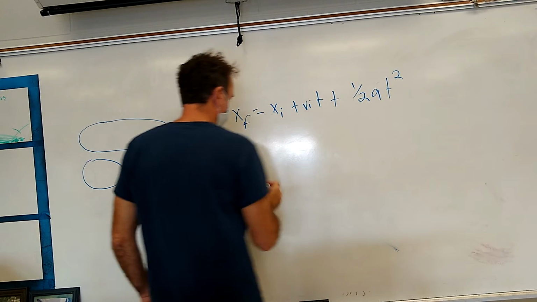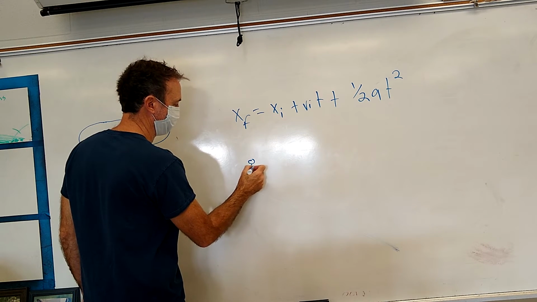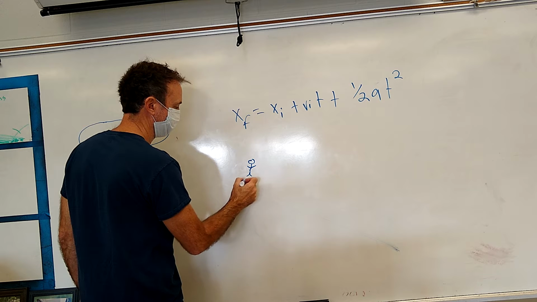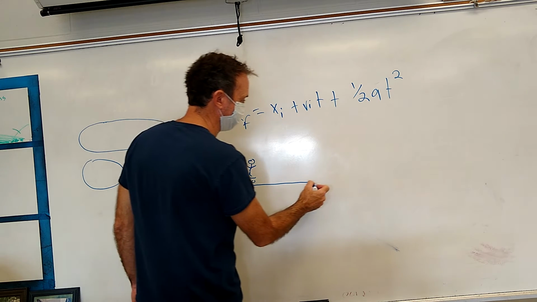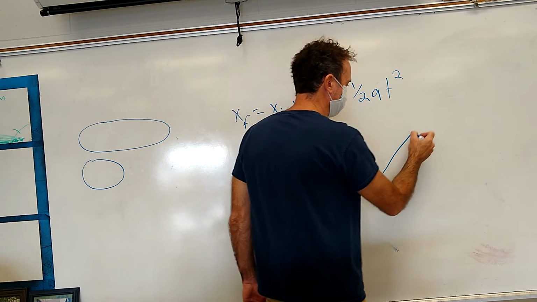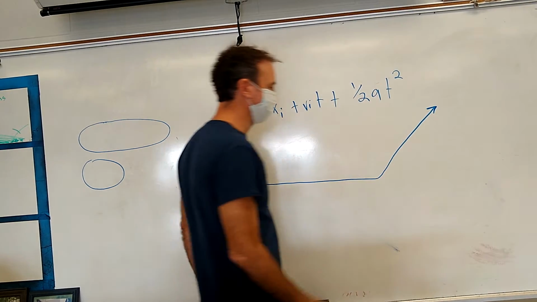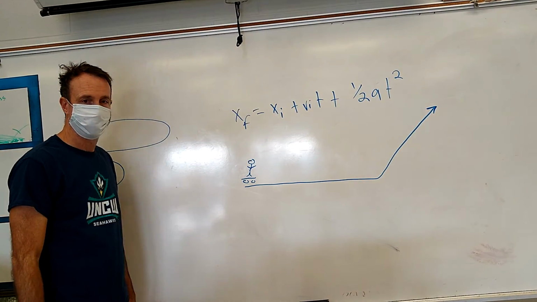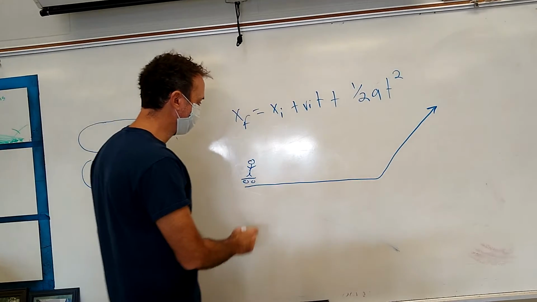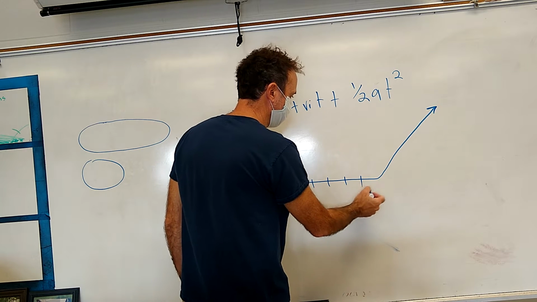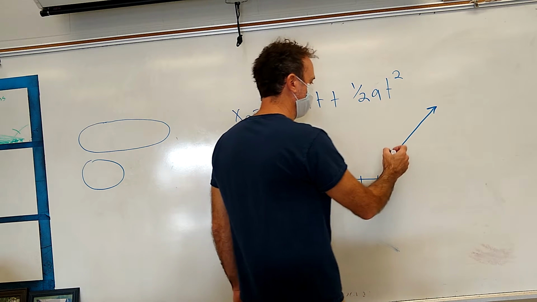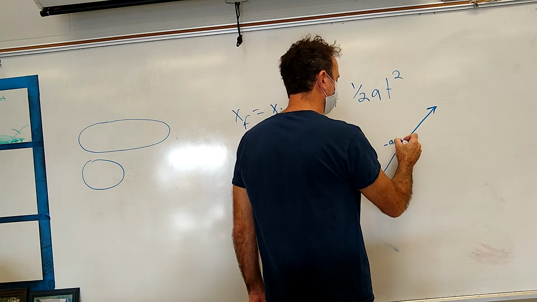Let's say we have a skateboarder, okay? And they're skating across some flat ground. And then they're in a skate park. And then they come to an incline, okay? So right here, they're going to have a constant velocity. And then when they hit the ramp, they're going to have a negative acceleration.